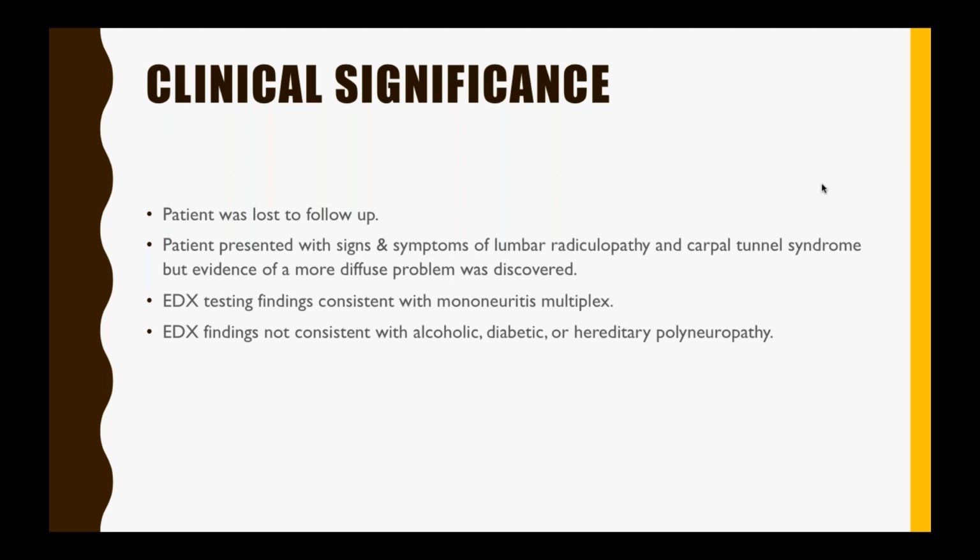The electrodiagnostic findings were consistent with a type of polyneuropathy called mononeuritis multiplex, and I'll talk more about that in a second. The electrodiagnostic findings were not consistent with other types of common polyneuropathies, such as alcoholic, diabetic, or hereditary polyneuropathies, which are by far more common.